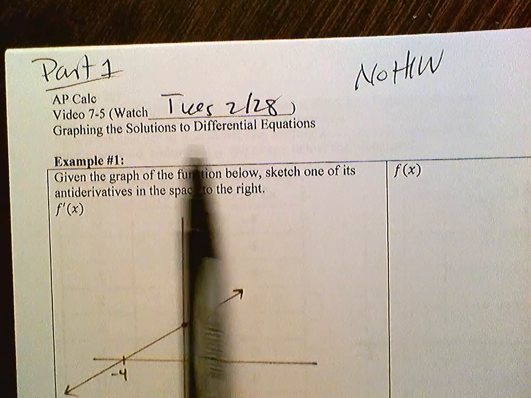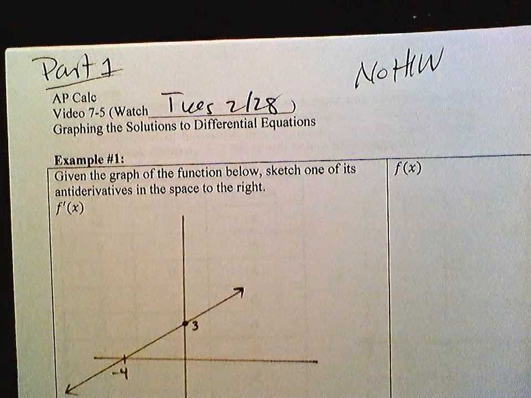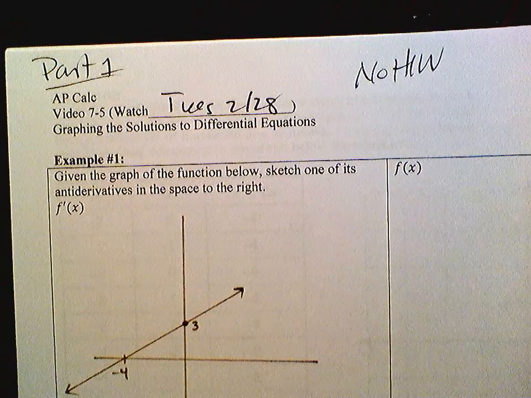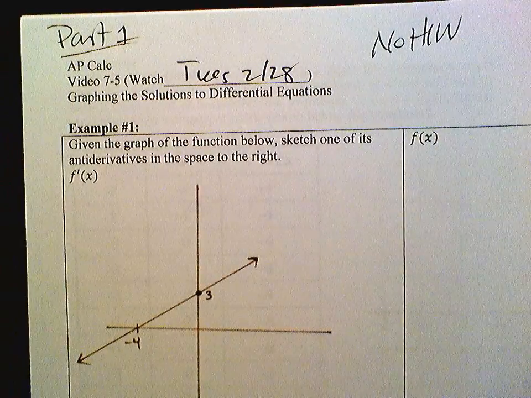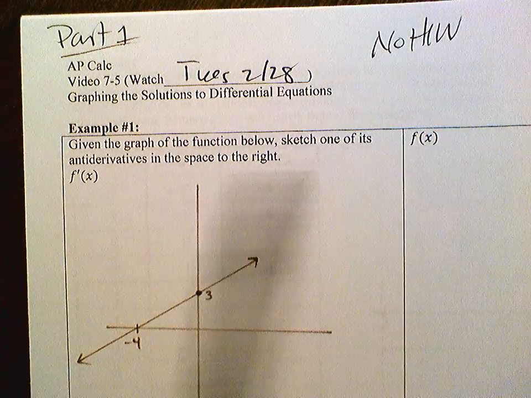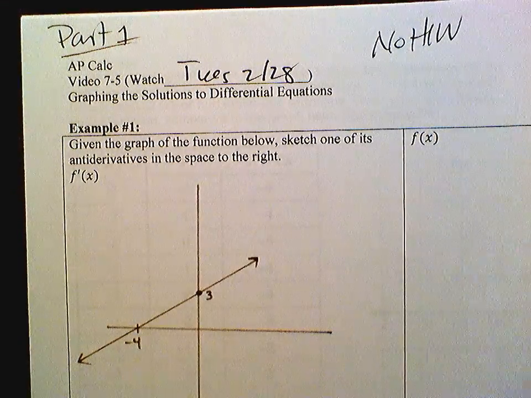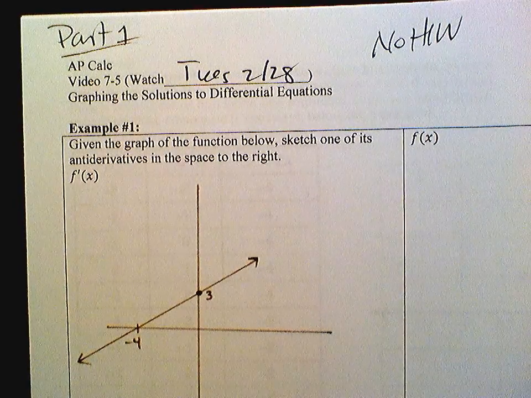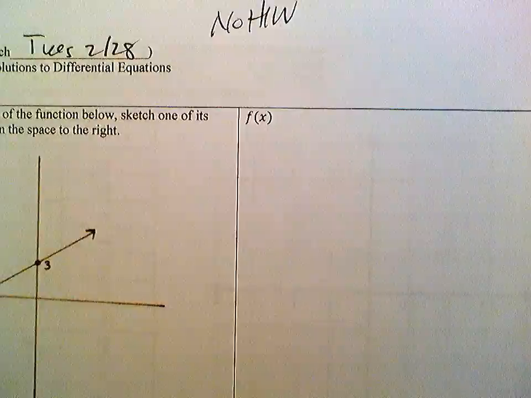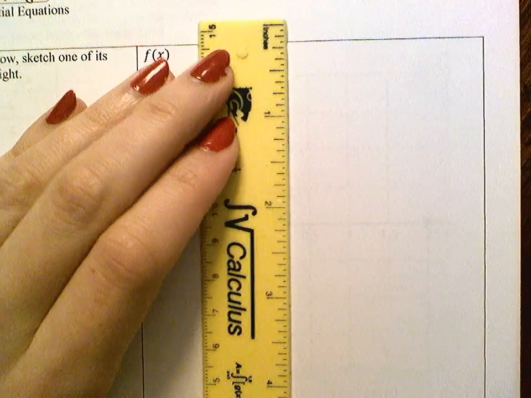Okay, so graphing the solutions to differential equations. So this is part one, and given the graph of the function below, sketch one of its antiderivatives in the space to the right. So you're going to need right now a pen and a pencil. All right, so in pen, let's draw an XY axis.